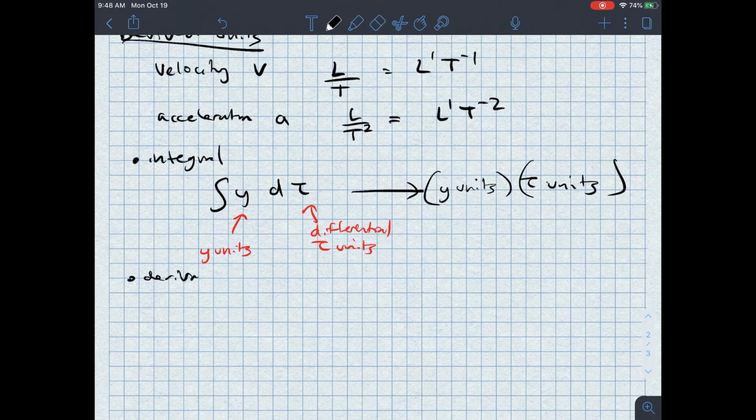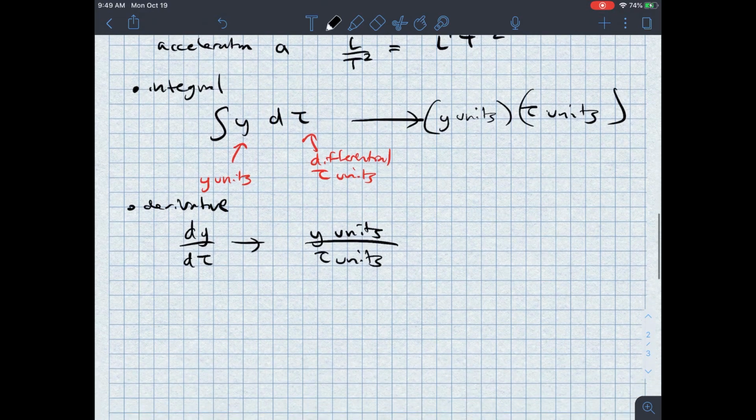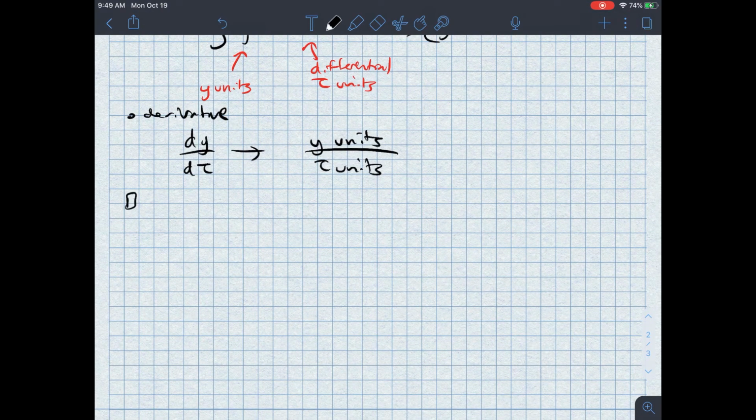For a derivative, let's say I've got dy d tau, this is going to have units of y units divided by tau units. So we don't actually need to know how to do the differential or the integral right now, but we want to make sure that we understand what the units should be so we can check whether or not equations make sense. So let's do an example.